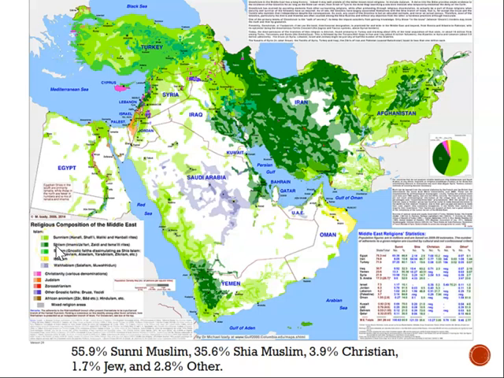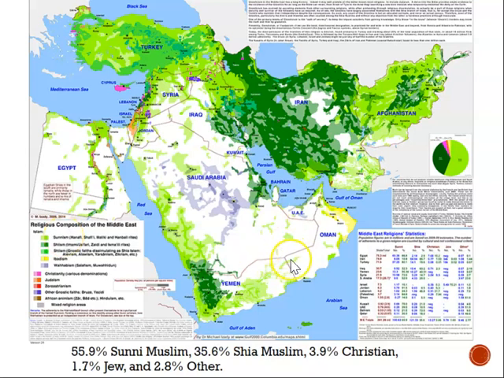Primarily the greens. The greens are Sunni Muslims of various kinds. I guess it goes from sort of greens, yellows, and sort of a purple. And then these areas that are other colors, like you see here, well, Shias are dark green and Sunnis are light green.